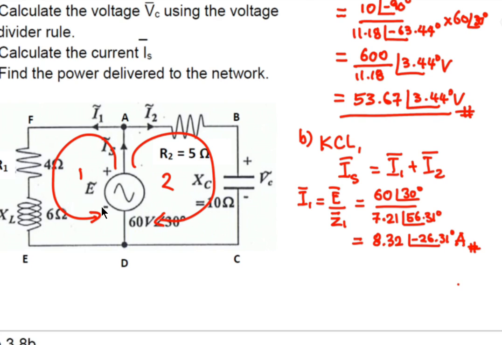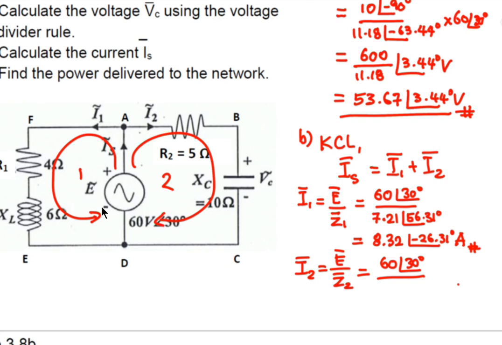Similarly, applying Ohm's law to loop 2, I2 is equal to E divided by Z2, which is 60 at an angle of 30 degrees divided by Z2.